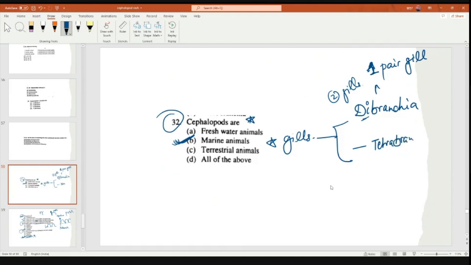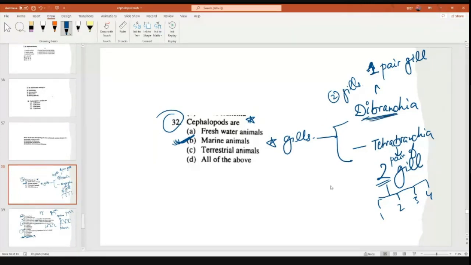You have to write pair of gills, two pairs of gills, it means four gills. Number of gills is four, 1 2 3 4. In the dibranchia generally they are having one pair of gills.